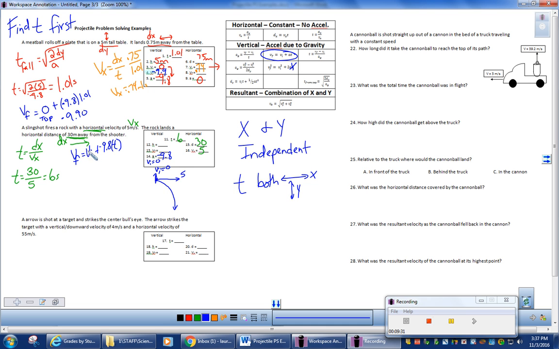Again, our initial velocity is 0, so I don't need that component anymore. We decided a second ago that our time was 6. So 9.8 times 6 seconds is going to give me my final velocity. A little calculator work, and it comes out as negative 58.8. That negative is because it's falling down.